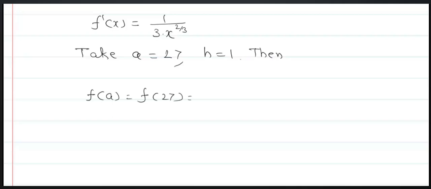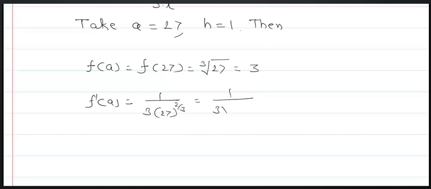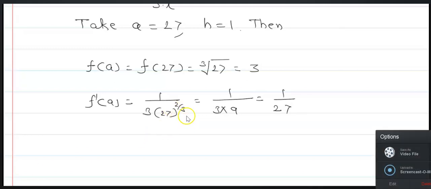Then f of a, that is f of 27, is the cubic root of 27, that is equal to 3. f dash of a is 1 upon 3 into 27 raised to 2 upon 3.